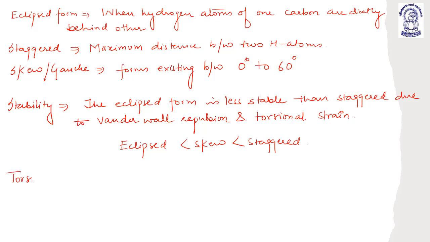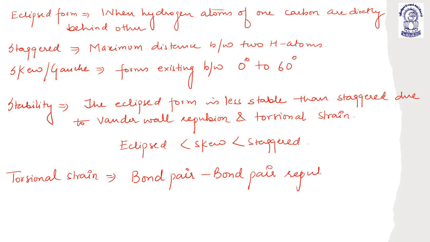Repulsion between atoms or groups of atoms is known as van der Waals repulsion. This bond pair repulsion in eclipsed form is known as torsional strain.